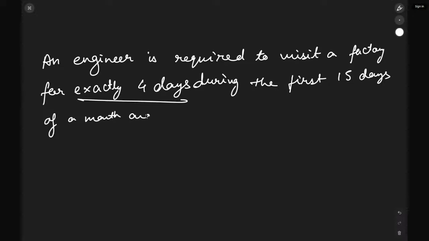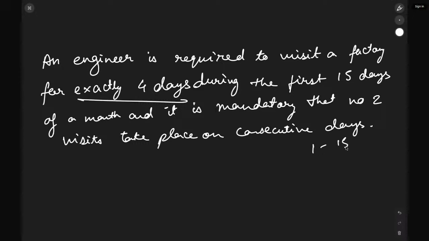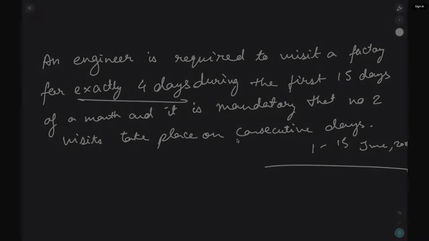And it is mandatory that no two visits take place on consecutive days. Then they have given the date that the engineer is trying to visit between 1 to 15th of June of 2021. So this is a simple question. All right. Note this question down, then I'll give you the solution.